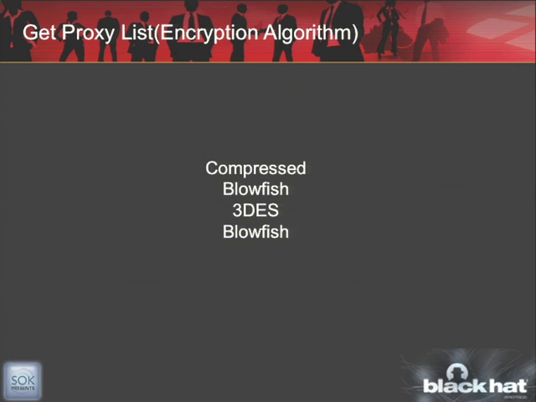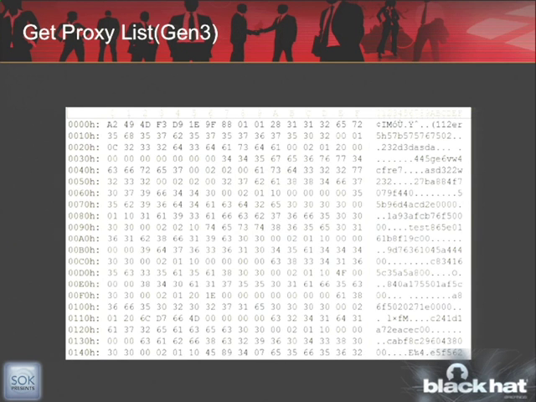The encryption algorithm also changed. It's first compressed with zlib, and then encrypted with Blowfish, and then encrypted with 3DES, and then encrypted with Blowfish again. After decryption, we also see the hashes there.